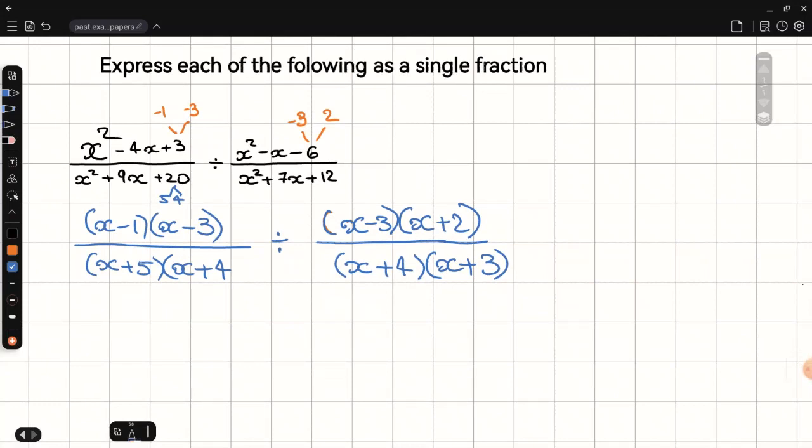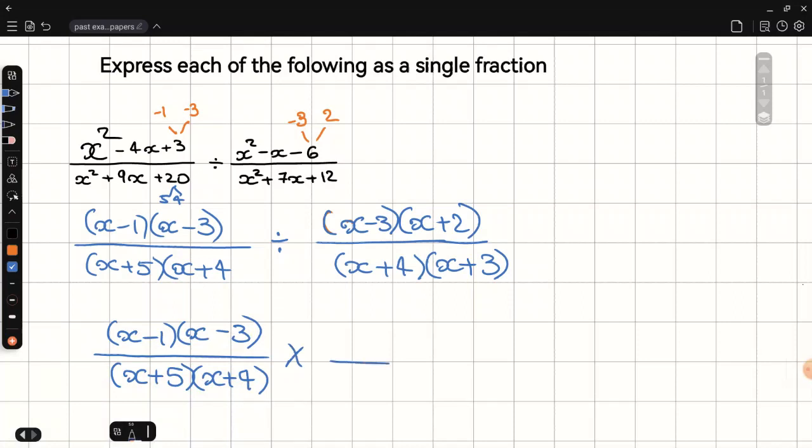When you look at this, we are dealing with the division of two fractions, and we know the general rule when dividing fractions. You copy the first fraction, then you change the division sign to multiplication, and then you flip the second fraction.